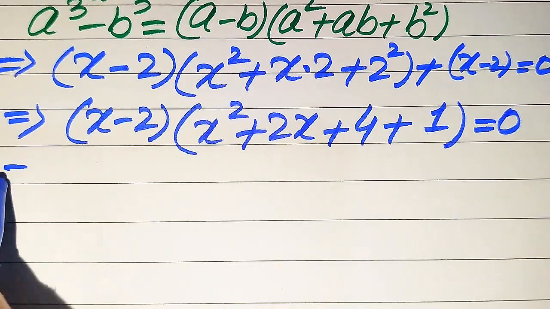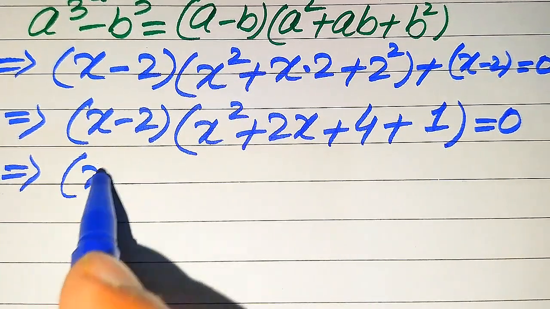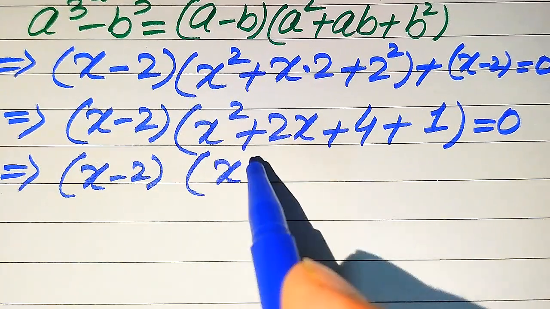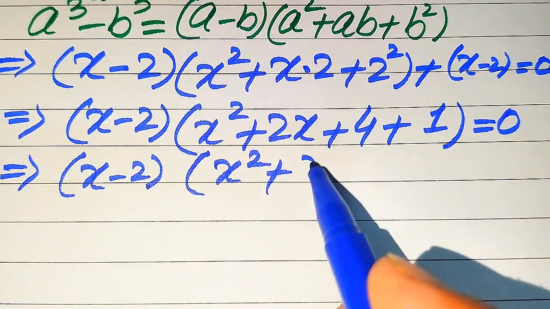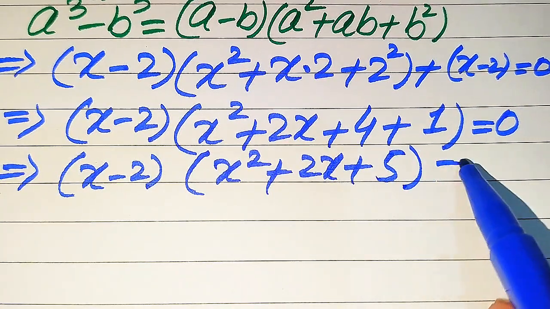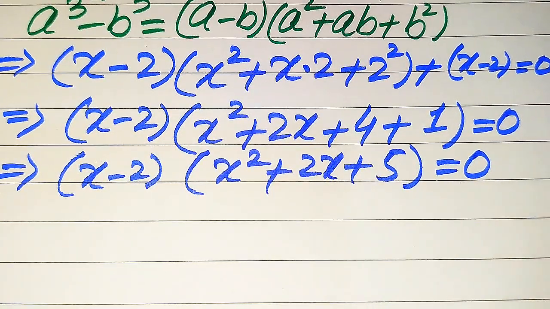And further in the next step we need more simplification, and it becomes x minus 2 times x square plus 2x plus 4 plus 1 becomes 5, and this whole equation is equal to 0.